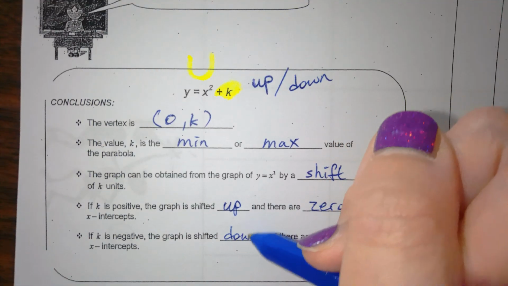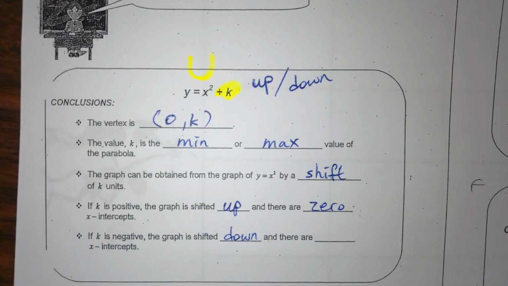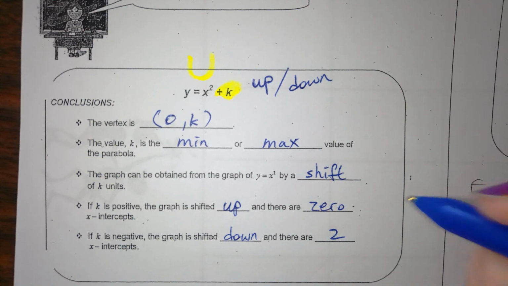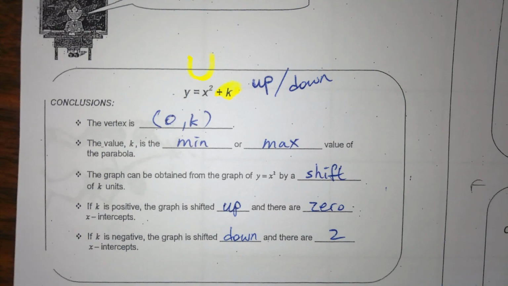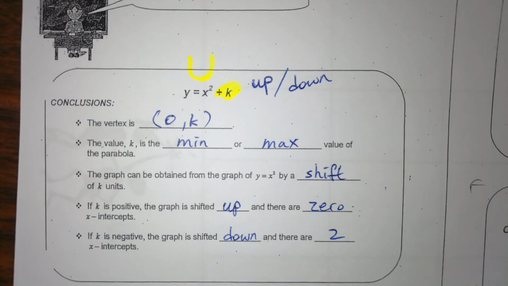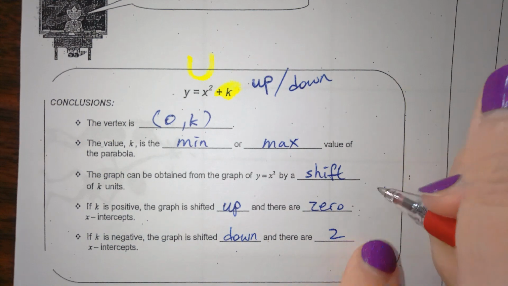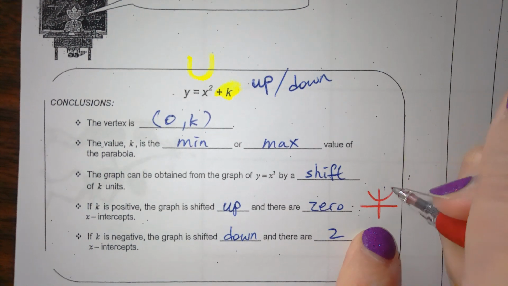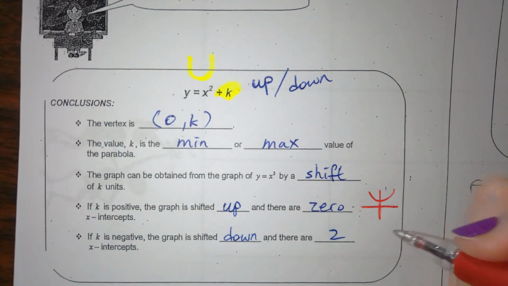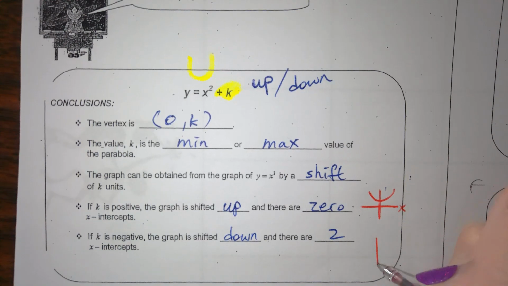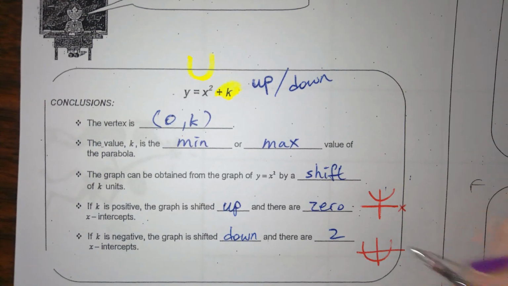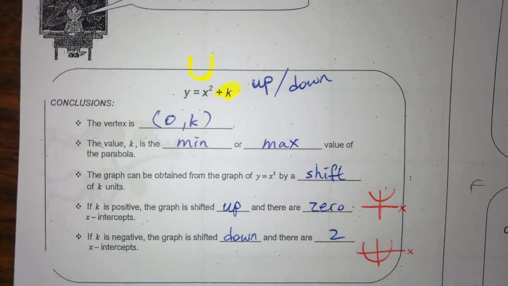And if we shift it down, how many times is it going to cross the x-axis? 2. Right, I'll do a little sketch for you. If you shift it up, it doesn't cross the x-axis. And if you shift it down, it's going to cross it twice.